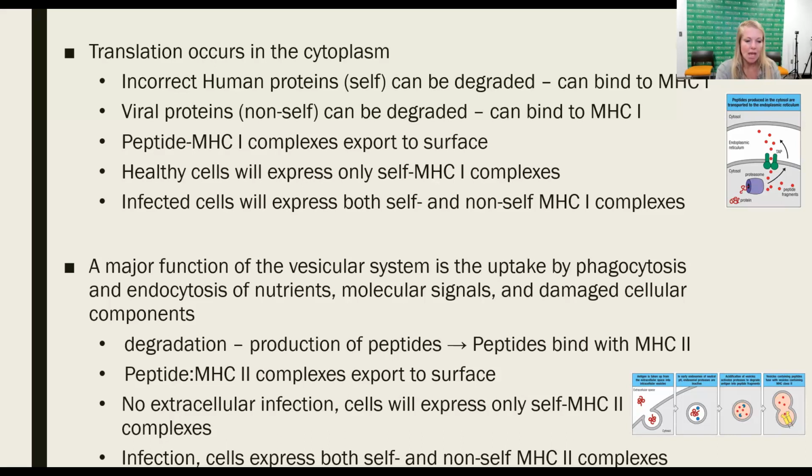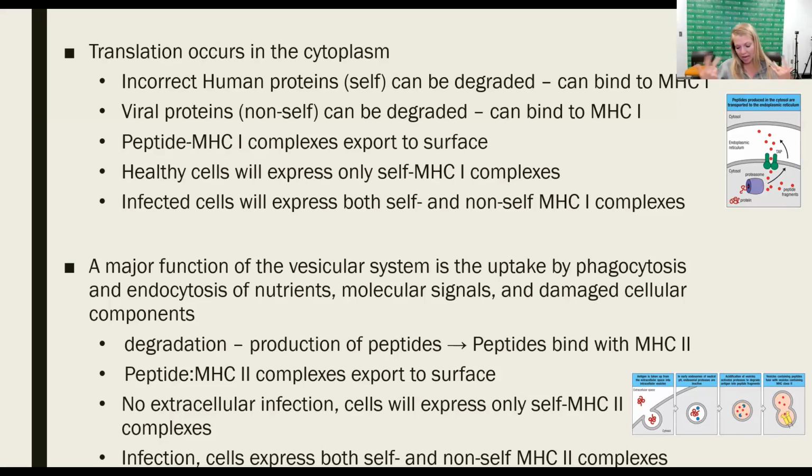And so a major function of the vesicular system of a cell is to take things up by phagocytosis, endocytosis, pinocytosis. It degrades them and then can utilize these nutrients, or it can also process them and bind them, if they're non-self, with MHC class 2 molecules. So this peptide in conjunction with MHC class 2 molecules will be exported to the surface.